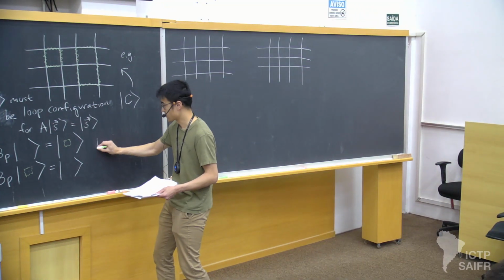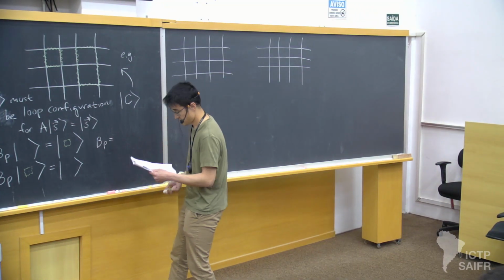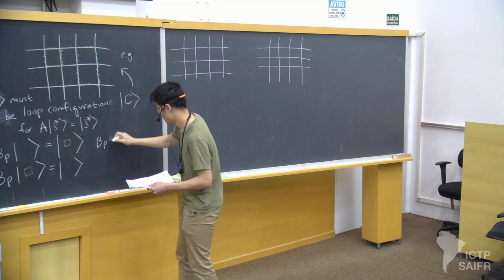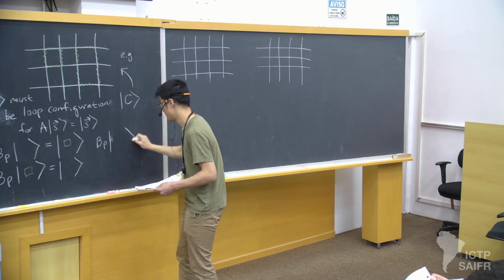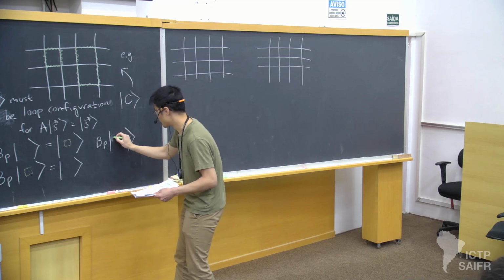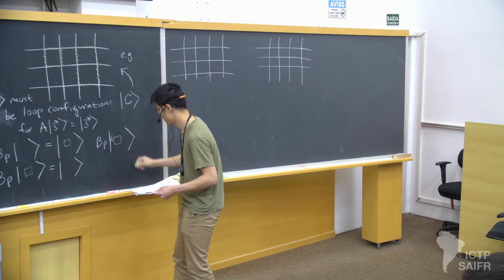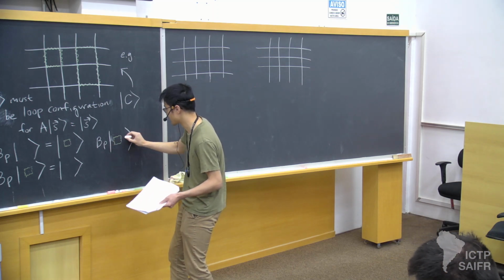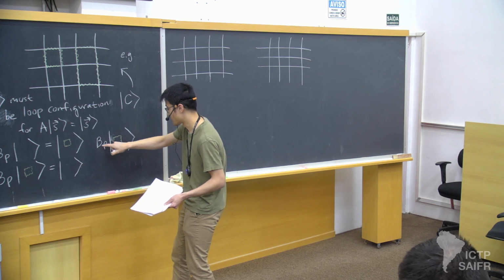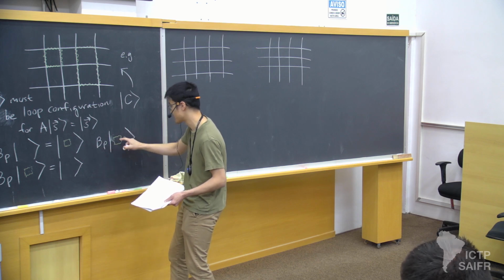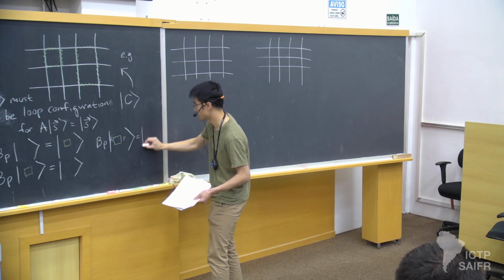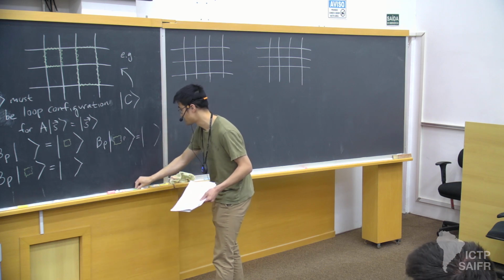And then similarly, you can see that if we act on a loop configuration here, but let's say the operator BP is acting on a plaquette to the right of this loop configuration, then we'll get an enlarged loop configuration.